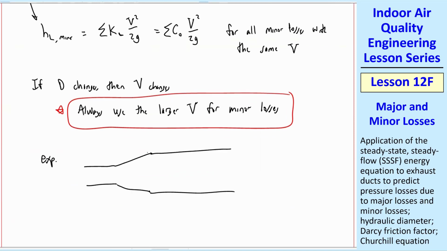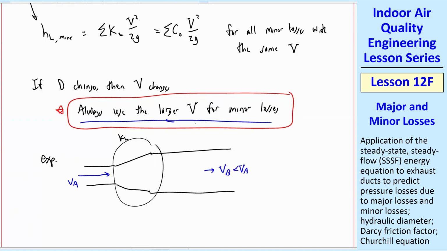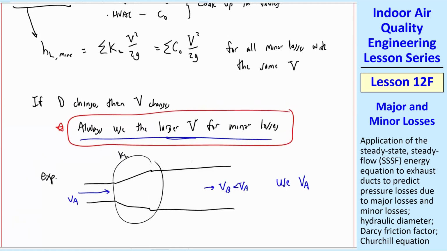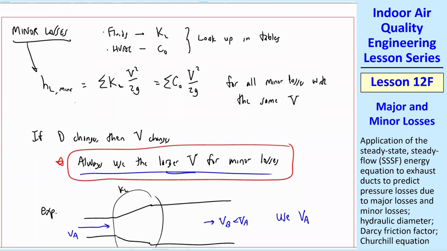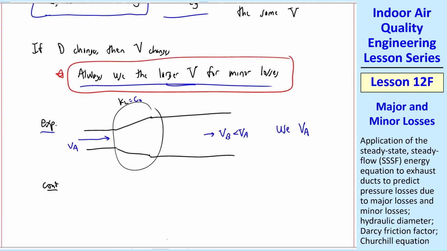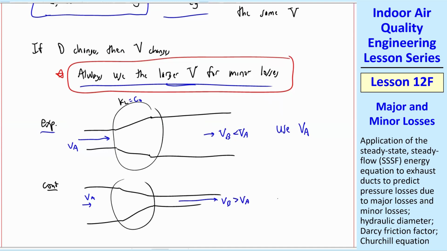There's a minor loss associated with this expansion, but since it's expanding, you have some VA, and then here the VB is less than VA. So using our rule, use the larger VA to calculate our minor loss. We can look up the K_L and then plug it in using that VA. Contractions are the opposite. VB is greater than VA, so you would use VB for that case.